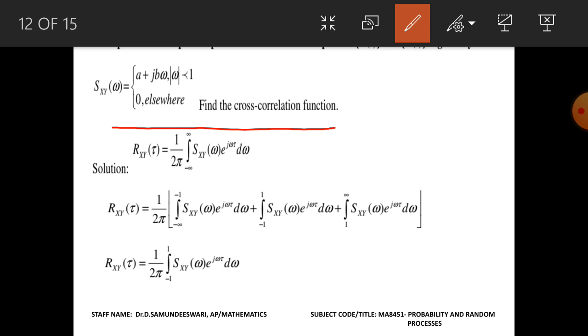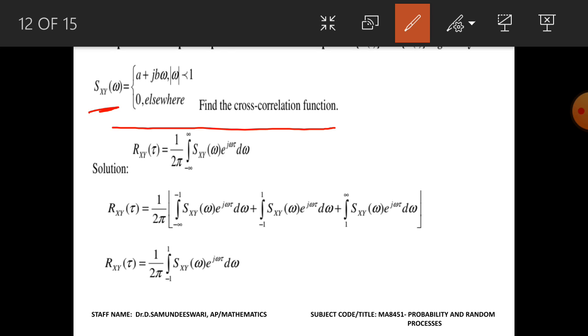What is given in this problem? The cross spectrum is given, so we need the cross correlation function. By the cross spectrum, how can you find the cross correlation function? By using the inverse Fourier transform, because here we need the cross correlation, that is Rxy of tau. So Rxy of tau is the inverse Fourier transform of Sxy of omega.